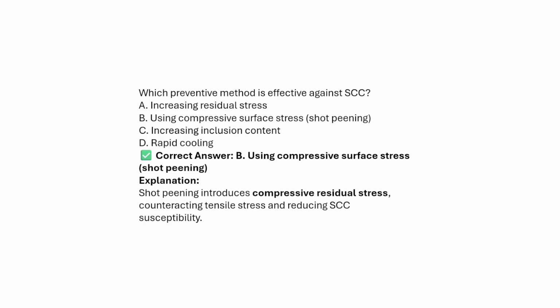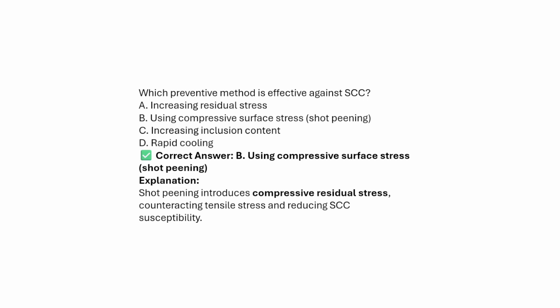Okay, which preventive method is effective against stress corrosion cracking? Increase the residual stresses, use compressive surface stresses, increase the inclusion content, or rapid cooling? The option will be to use compressive surface stresses.